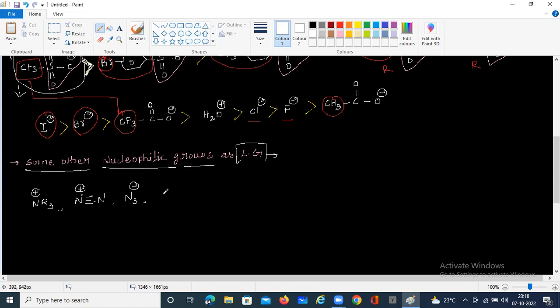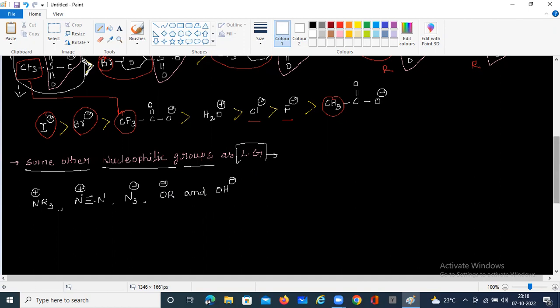Next alkoxide ion, that means OR minus, like OCH3 minus. Got it now? Otherwise the O which is attached to the benzene ring. And the OH minus also can be a leaving group. All these nucleophilic groups can be leaving groups.